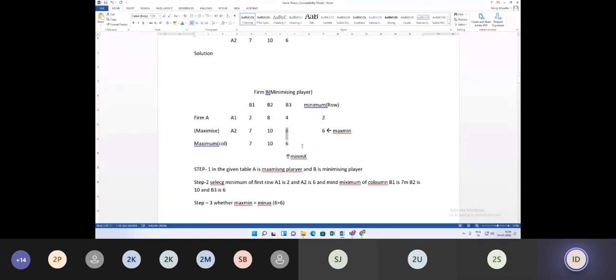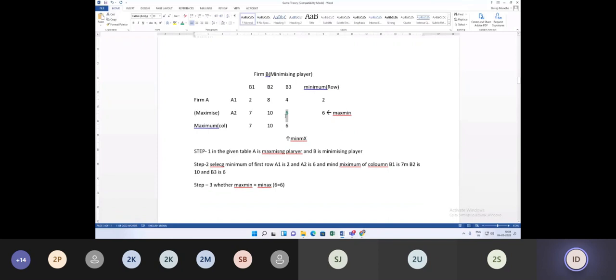Now it is to be clear what the conclusion is. The firm A is adopting the optimal strategy A2.